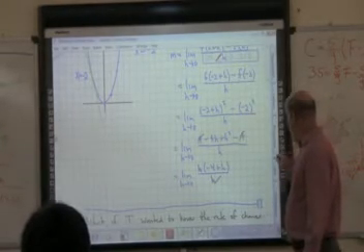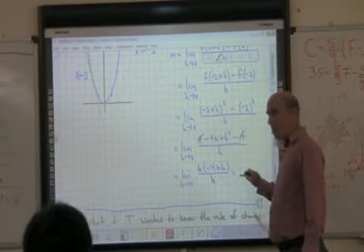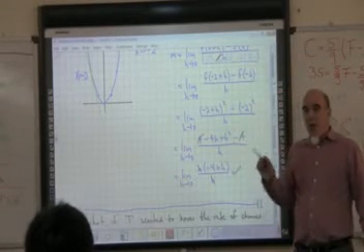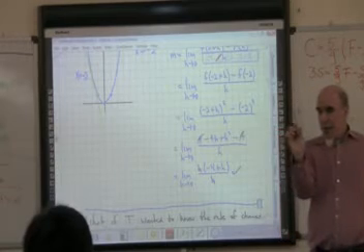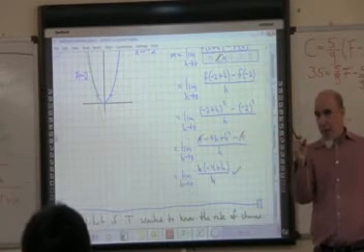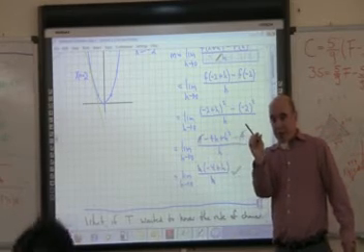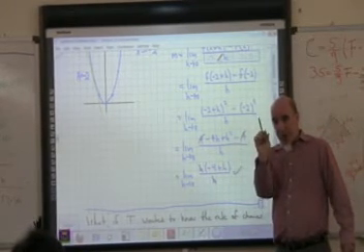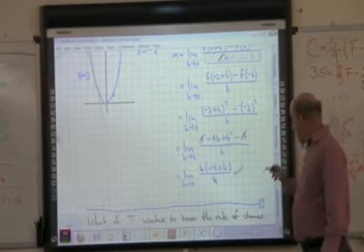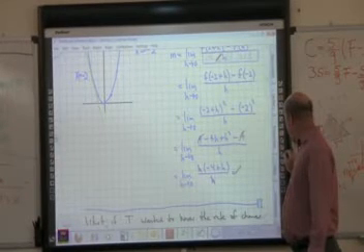Why are we putting a 0 for h? It's a direct substitution. But the reason h is approaching 0 is because it's the distance between the 2 points that I'm finding the slope on. So this is negative 4.